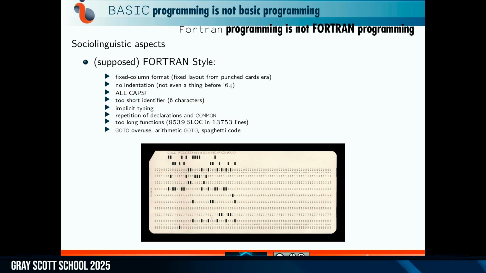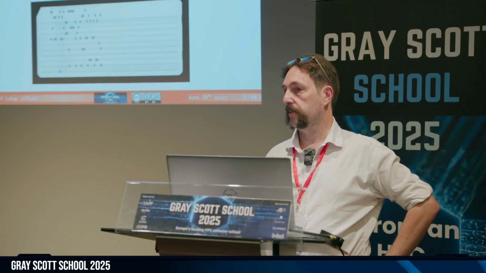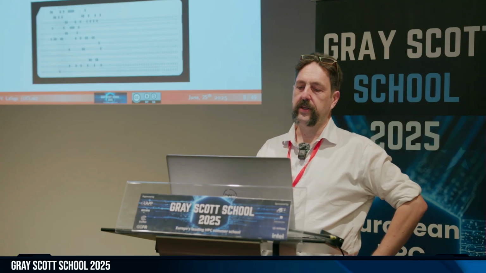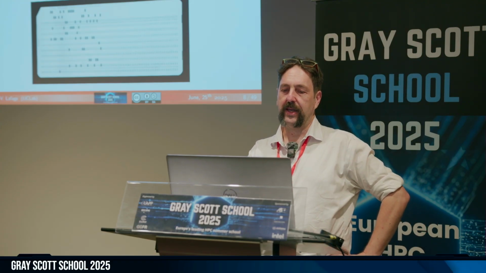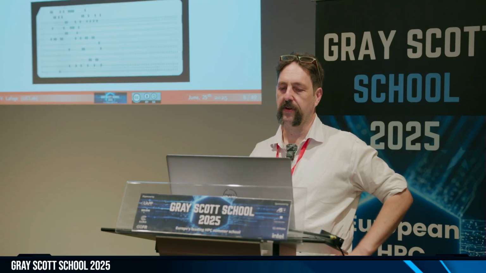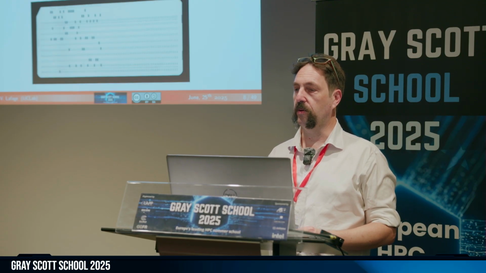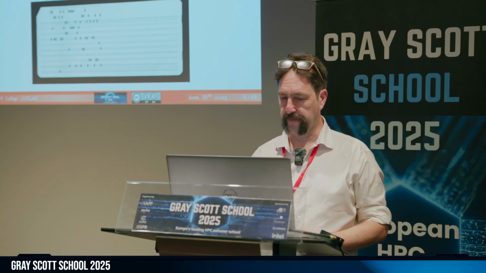All variables starting before H were real, and starting from I up to N, you had integer variables. So this auto-typing led to a lot of bad practices that we have to correct when pushing this old wisdom to a modern environment.